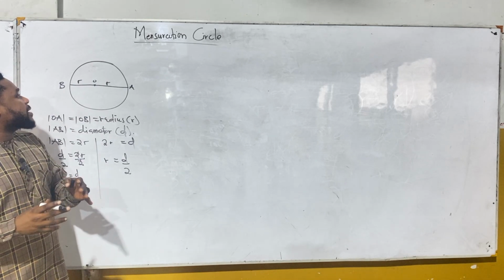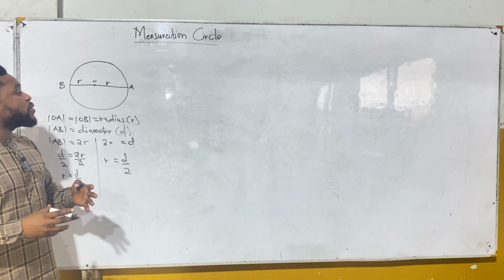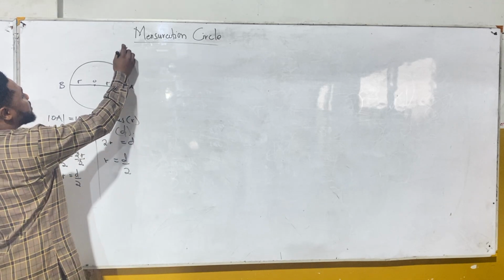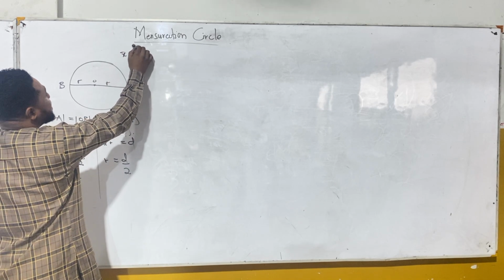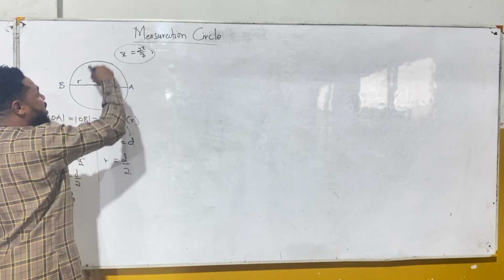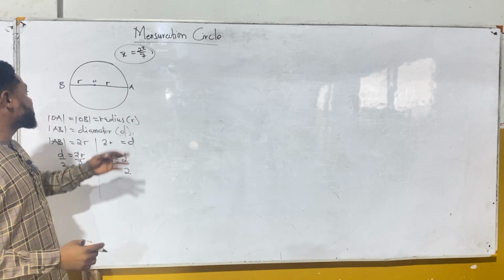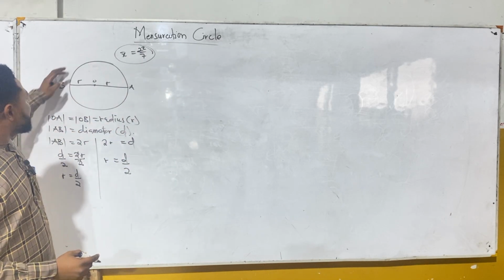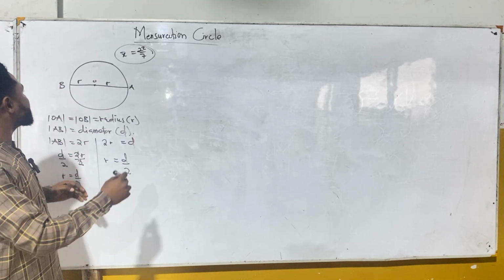Now, in circles, we have a constant, and that constant is called pi. So pi is 22/7 that we normally use in circles, and it's constant. Now, let us look at the distance around the circle.